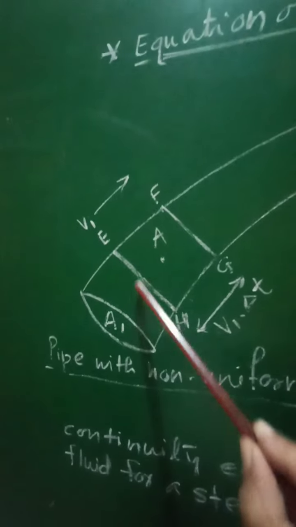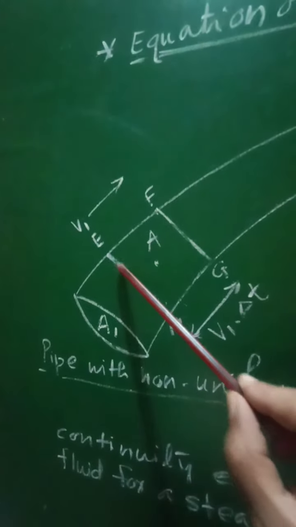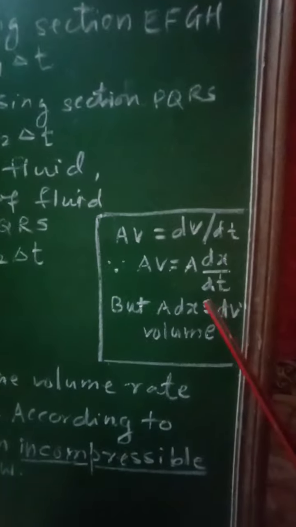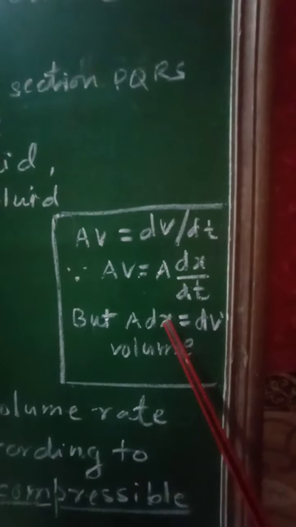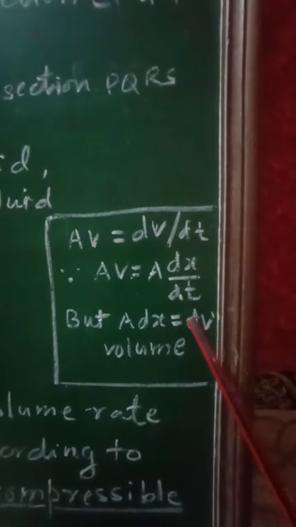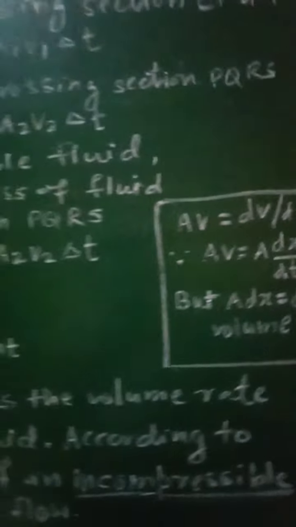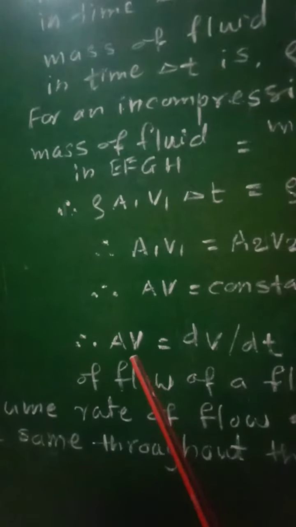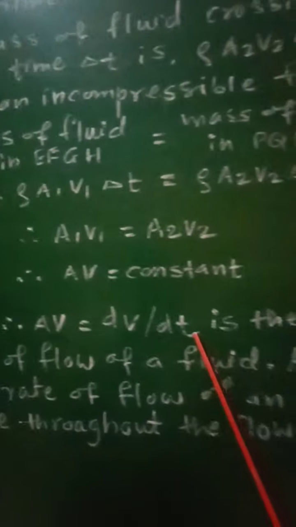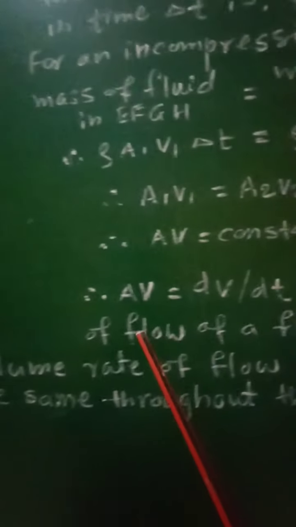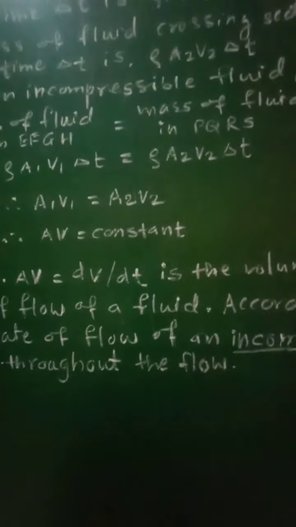So if you consider the area of cross section of this section, into its displacement, that will represent the volume, and therefore that product A into dx will be written as dV, that is the change in volume. Hence this term AV is equal to dV by dt will represent the volume rate of flow of that fluid.